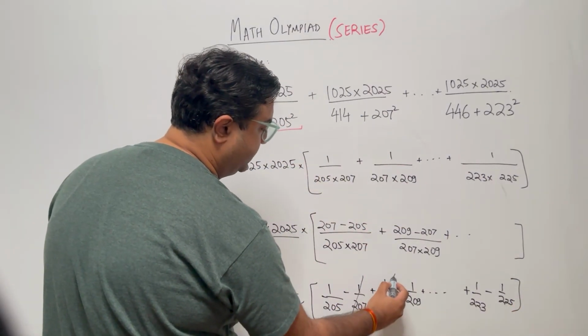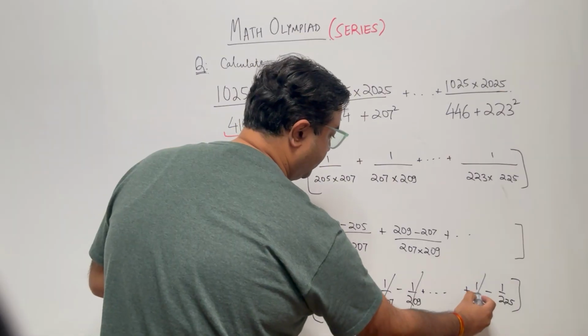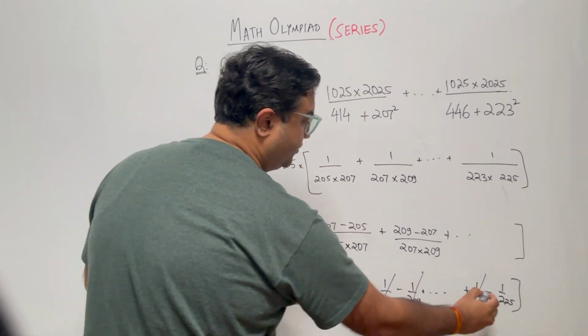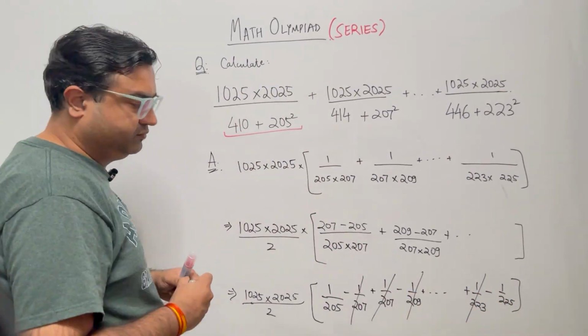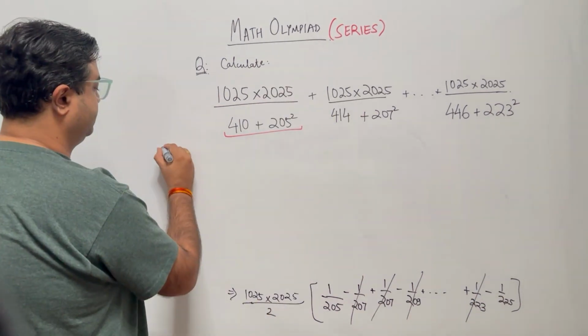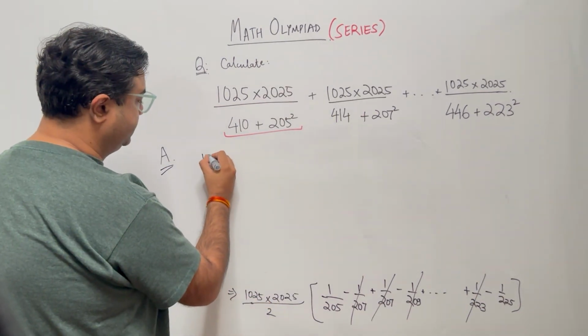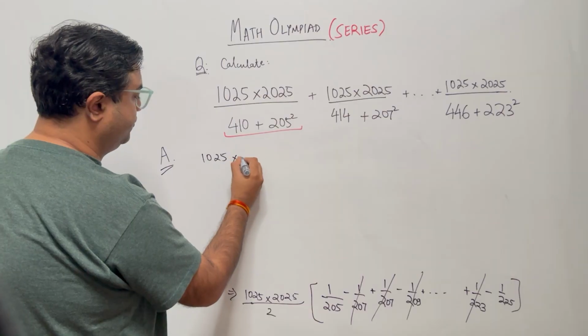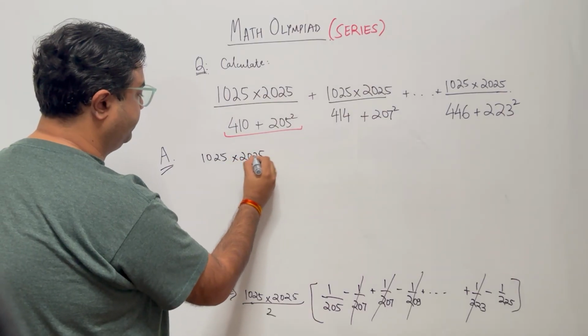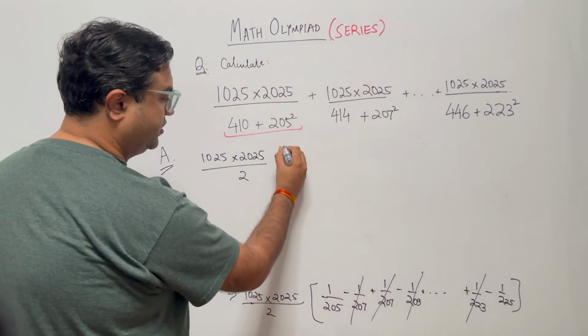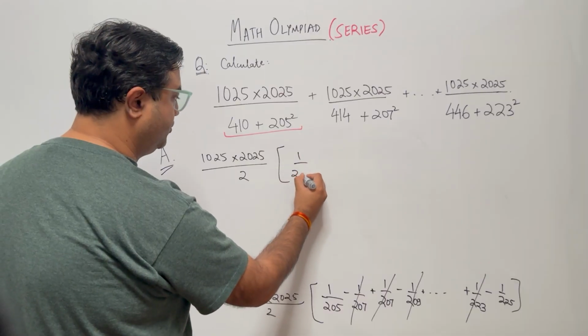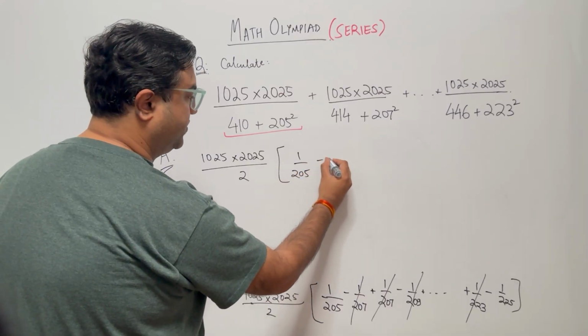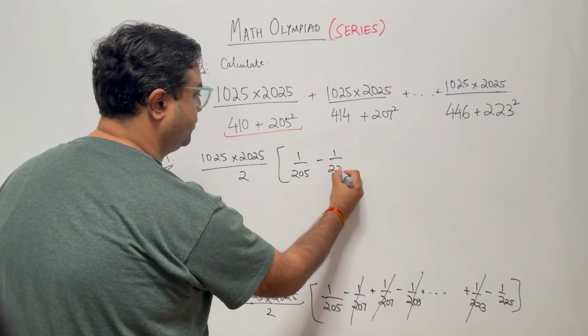As I said, all these terms will get cancelled, and we are left with only the first term and the last term. Okay, so 1025 into 2025 divided by 2, and then we have 1 upon 205 minus 1 upon 225.